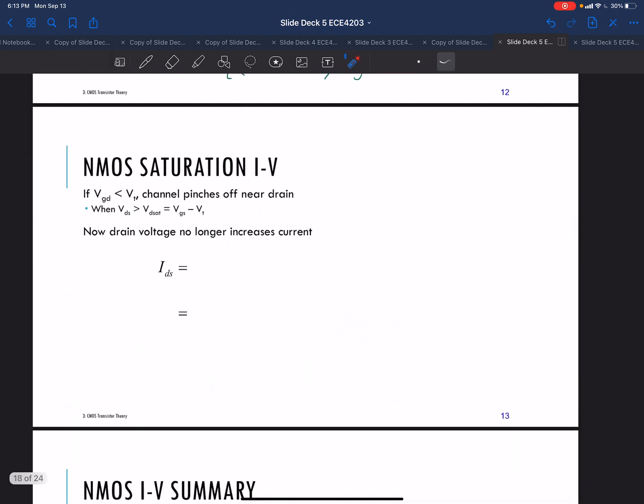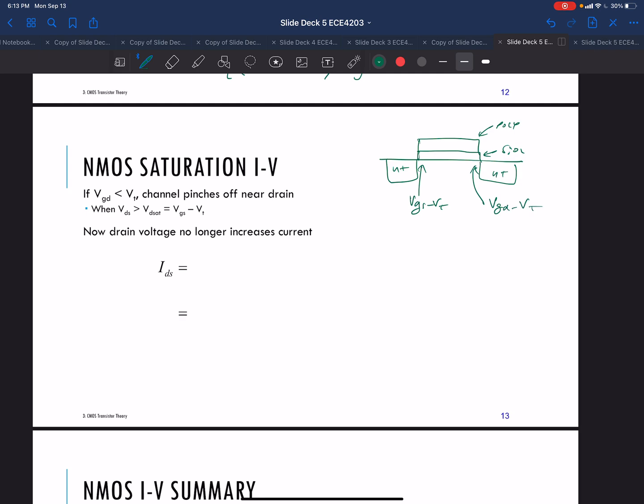So let's look at what that ends up being. Again, we have the gate, this is the poly, this is the oxide, this is the drain and the source, and here the voltage is VGS minus VT, and here the voltage is V gate drain minus VT.